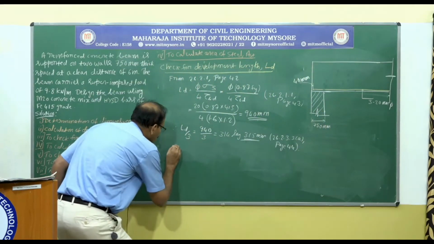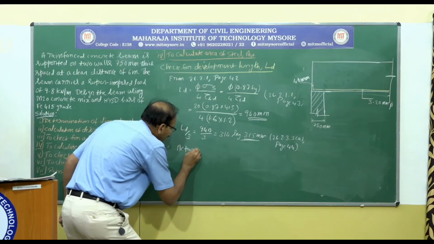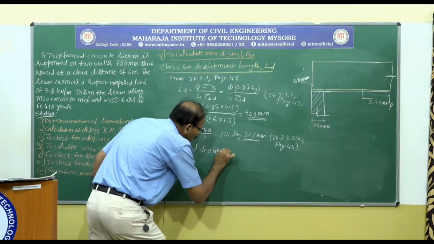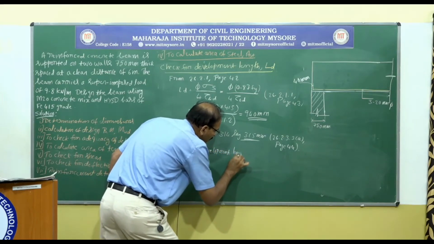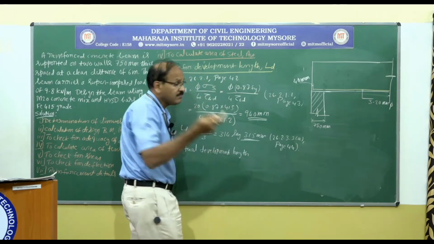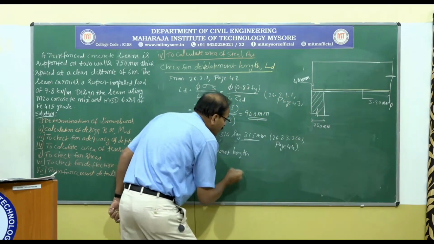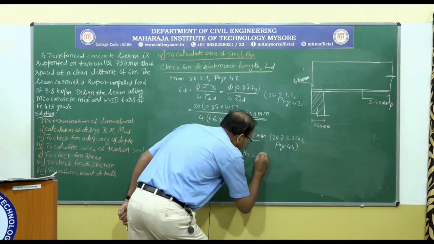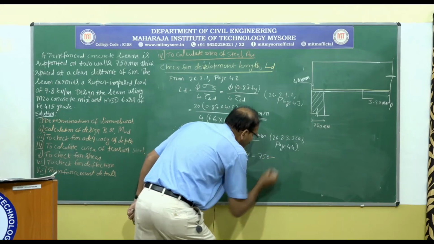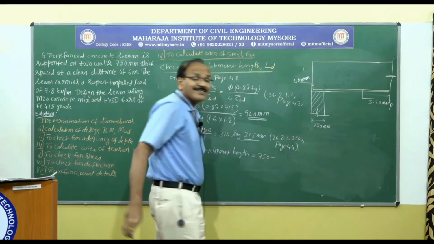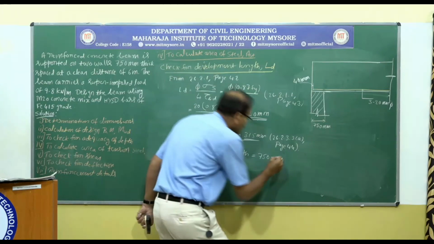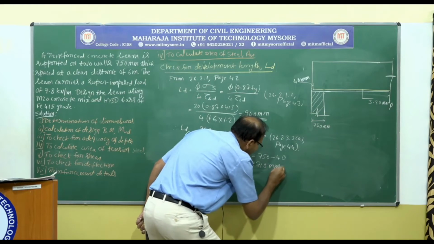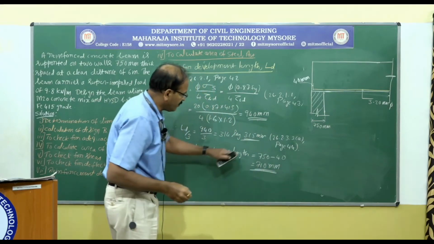Here I am going to show the side cover of say 40 mm. Therefore, actual development length measured from the face of the support equals support thickness 750 millimeter minus the side effective cover, that is 40 mm, that is equal to 710 millimeter, that is the actual effective depth provided.